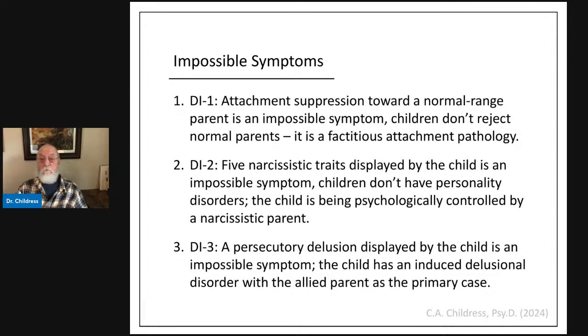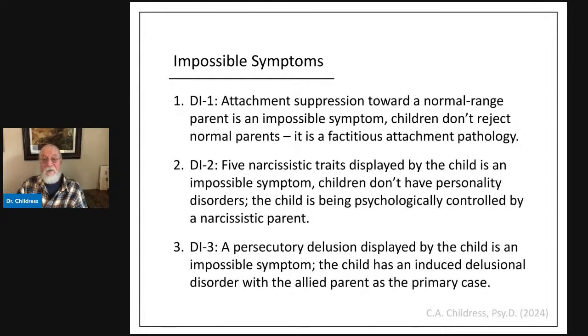Diagnostic 2. 5 narcissistic traits displayed by the child is an impossible symptom. Children don't have personality disorders. Though that's the influence of the narcissistic parent on the child. And the child is being psychologically controlled by the narcissistic parent. Diagnostic 3 is the persecutory delusion displayed by a child is an impossible symptom.